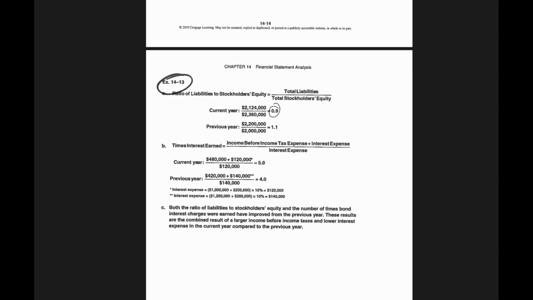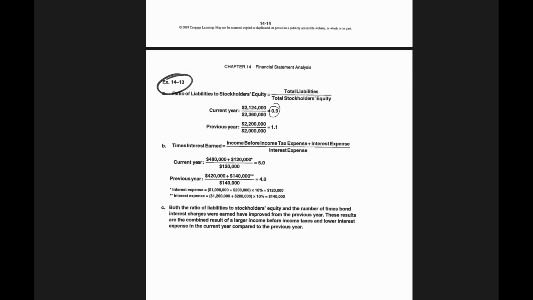Times interest earned is income, and in this case, they tell us it was $480 plus interest expense. So we're adding that back. Well, if you look in the text, this is what everyone misses. There's not only the serial bonds at 10%, but you also have the current maturity of that serial bond.